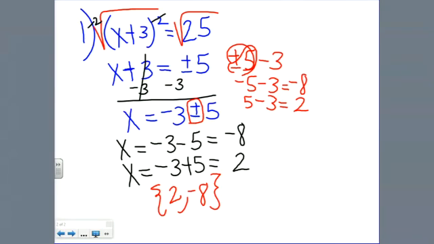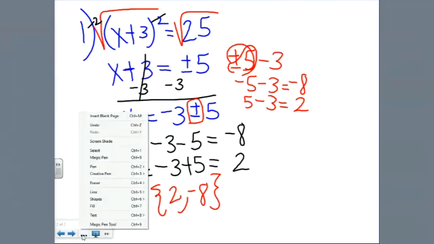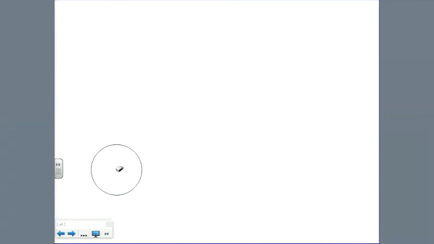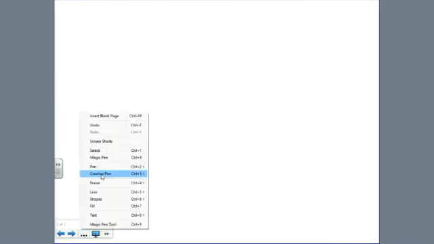Let's look at another example. This one also involves the square root property.